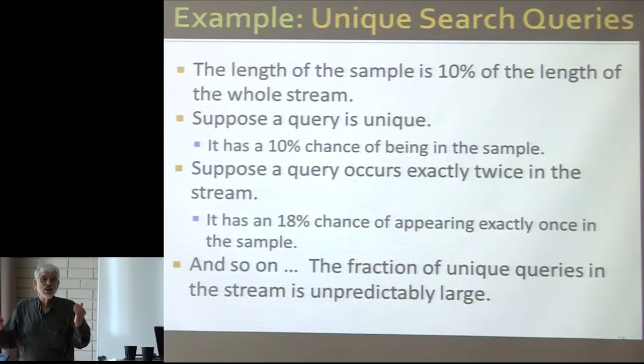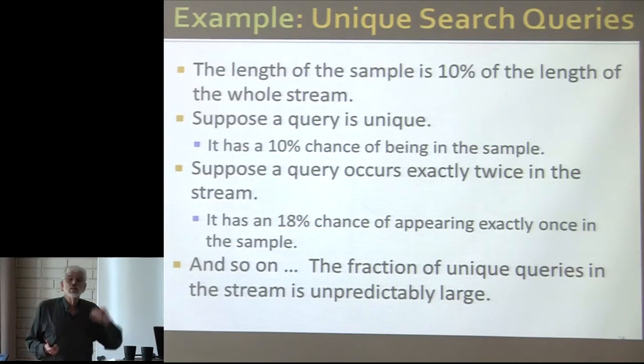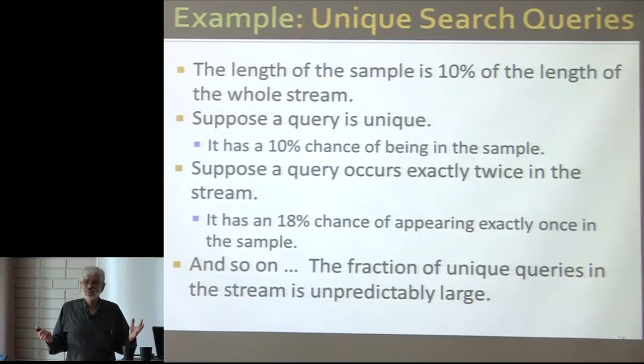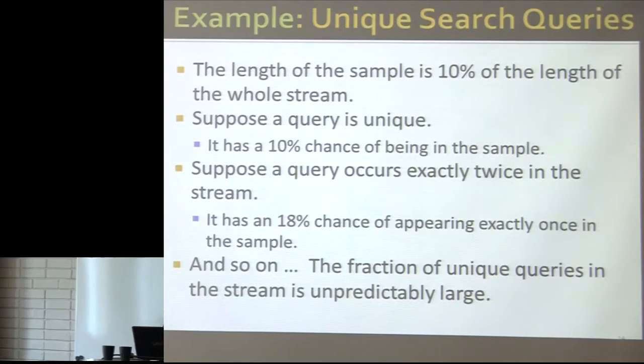Can I actually sample 10% of the stream and get a number, so that the fraction of sample elements that are unique will tell me the fraction of elements that are unique in the entire set? Is it even possible? How many think yes? Yeah, I obviously wouldn't be doing this if the answer were no. But you've got to do it right.